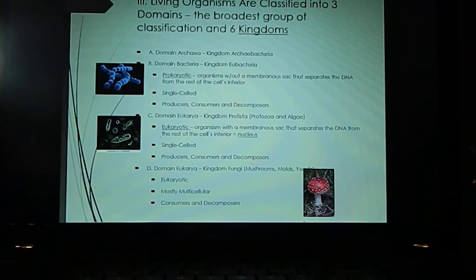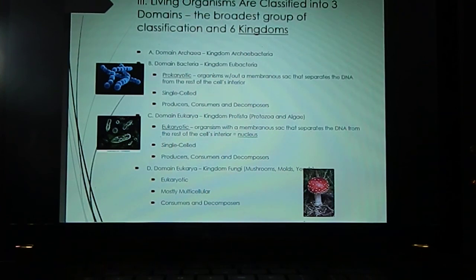Both are single-celled. Even though you see that picture of the Streptococcus in chains, each cell is its own organism. They're just hanging out together. I used these terms before I defined them, but we will define them later. They can be producers; they can produce their own food.